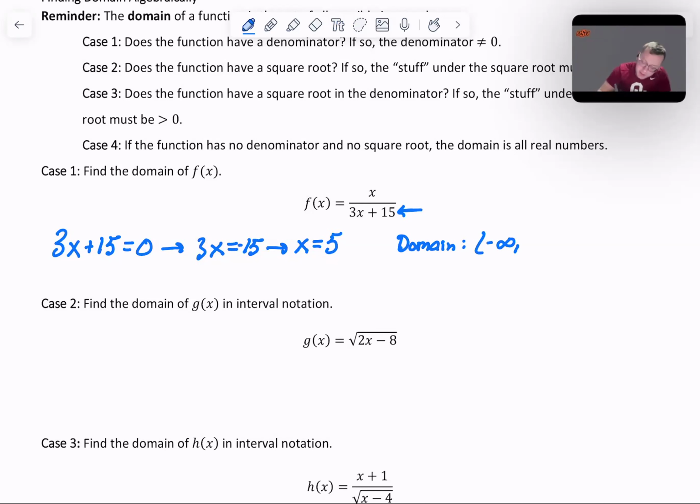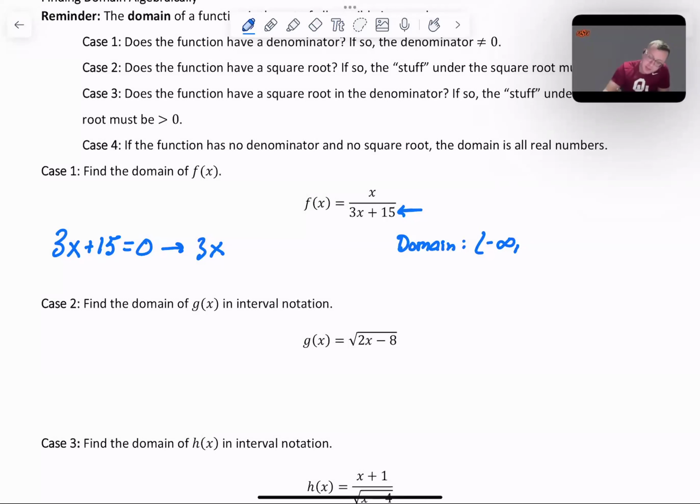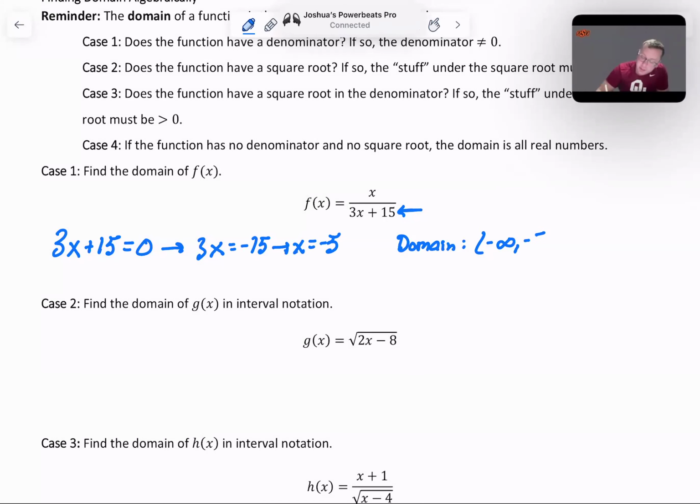So this should be a minus 5. Let me go back and erase that real quick. It should be a negative. So this should be 3x equals minus 15, right? And this means x equals negative 5. So we're going to exclude the point negative 5 from the domain. We do that by this, negative infinity up to negative 5.